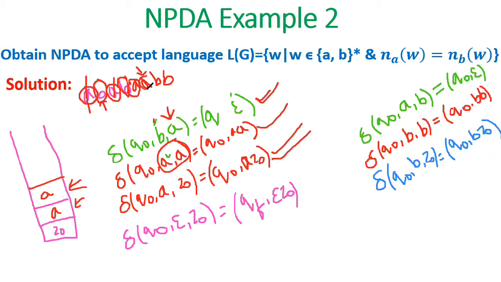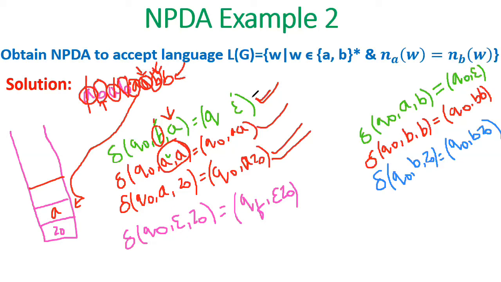Now this is the new symbol you have got. B is the new symbol. If B is the new symbol and A is on top of the stack, what will you do? You have to pop that element. So you will pop one A for B. Similarly, now A is on top of the stack, and B is the new symbol you are reading.